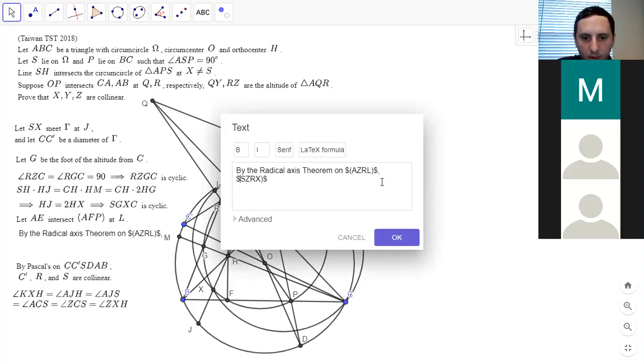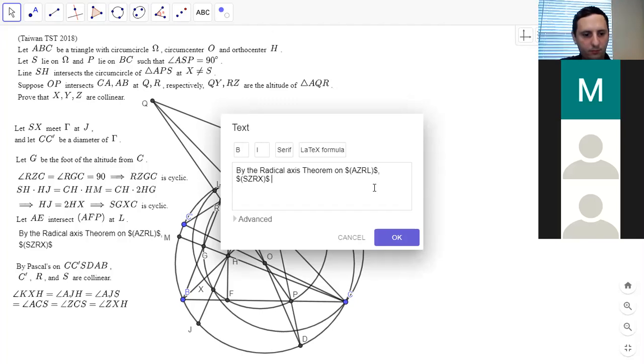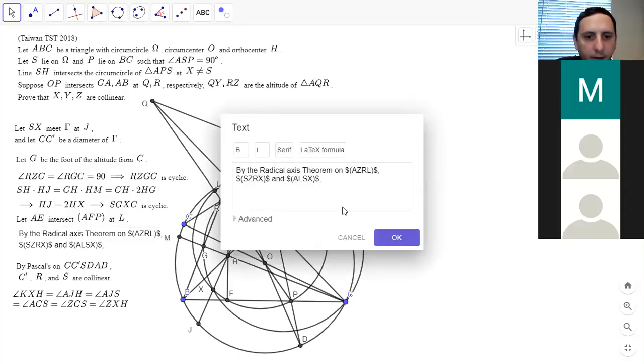And ALSX, yeah. Then we have S, X, and E are collinear.